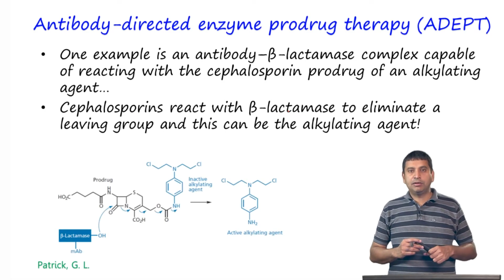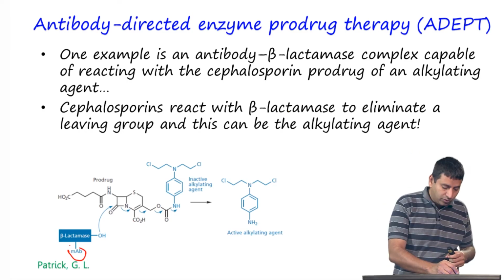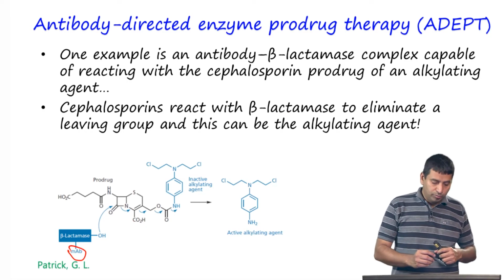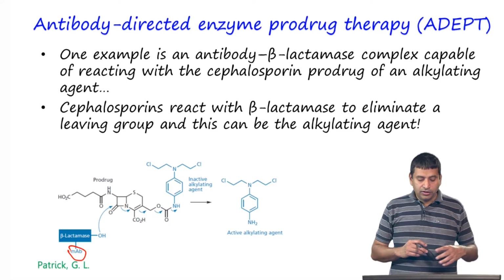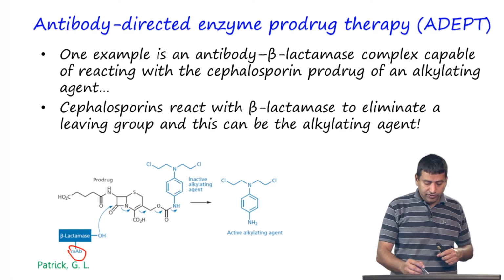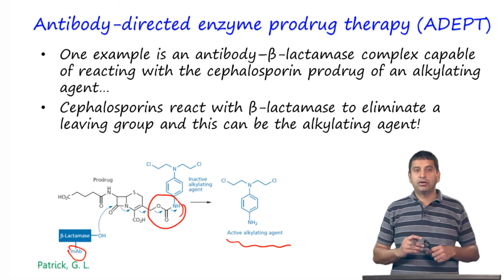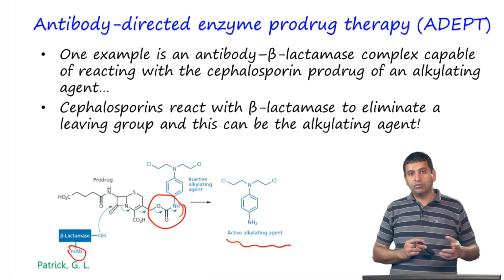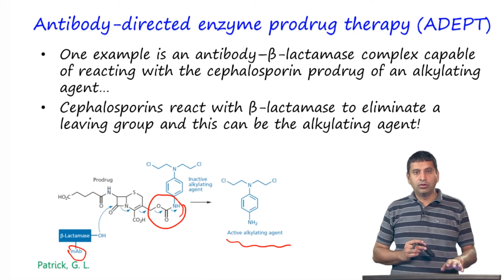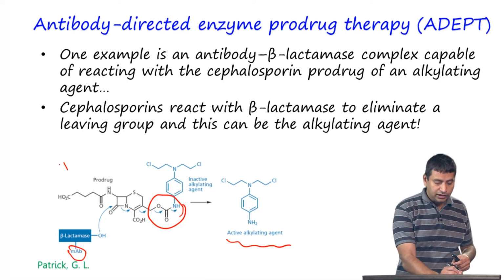So, the example that we are going to look at now is the beta-lactamase complex. What you do is conjugate a monoclonal antibody to beta-lactamase, and this DNA alkylating agent, which is shown here, is conjugated in the following manner to produce this inactive molecule. On its own, this molecule on the left is inactive.